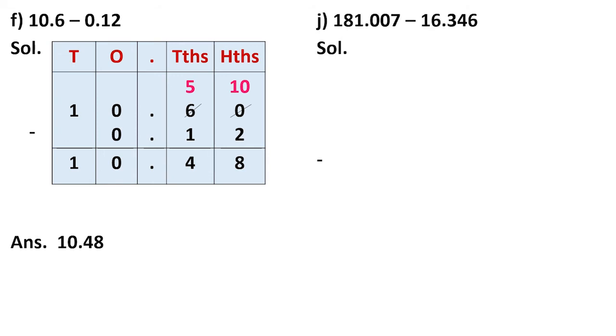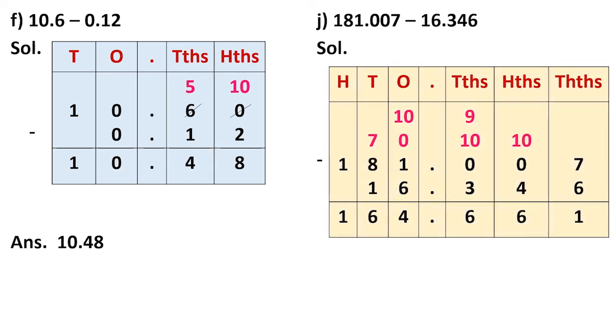Next question we have 181.007 minus 16.346. So we have here the place value chart and we have arranged all the values in their respective places, that is 181.007 and 16.346.